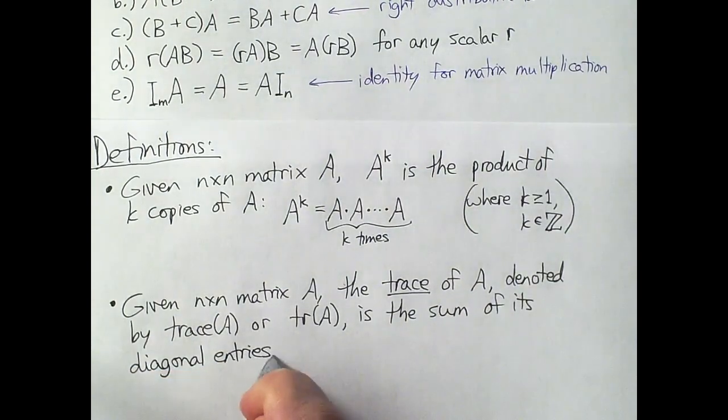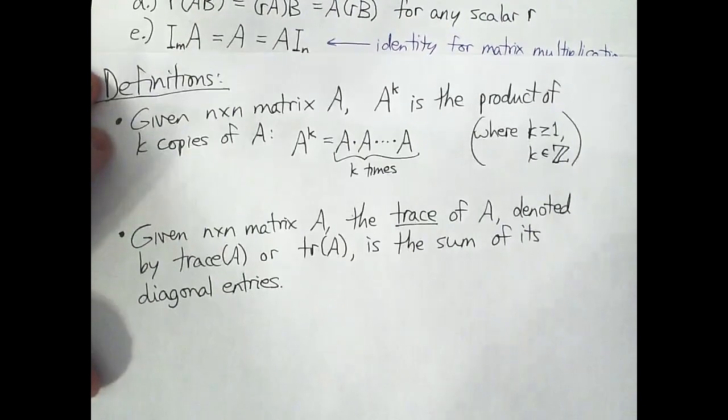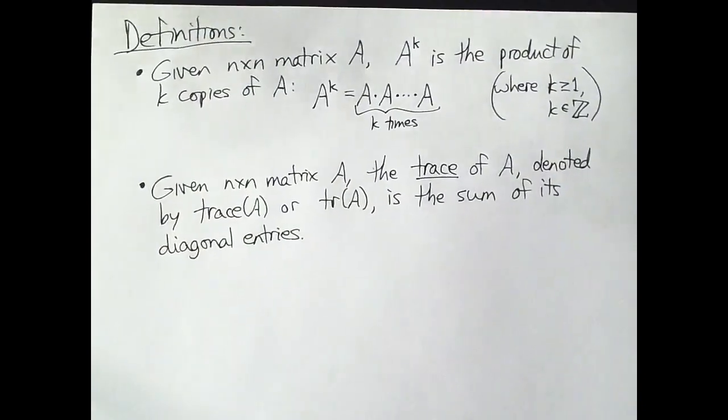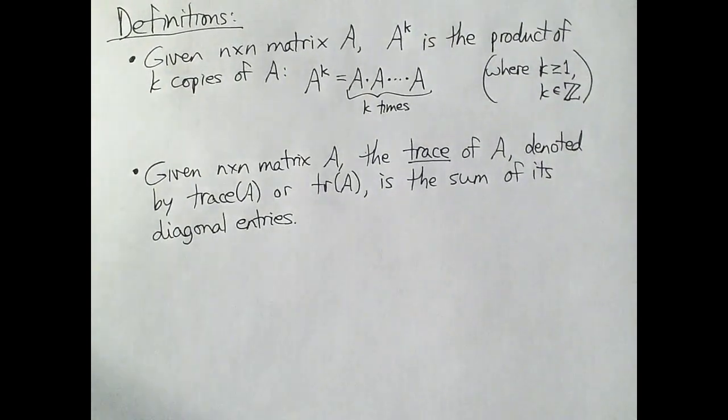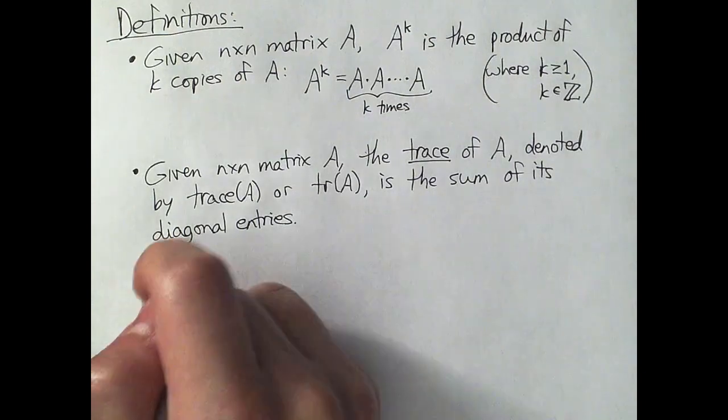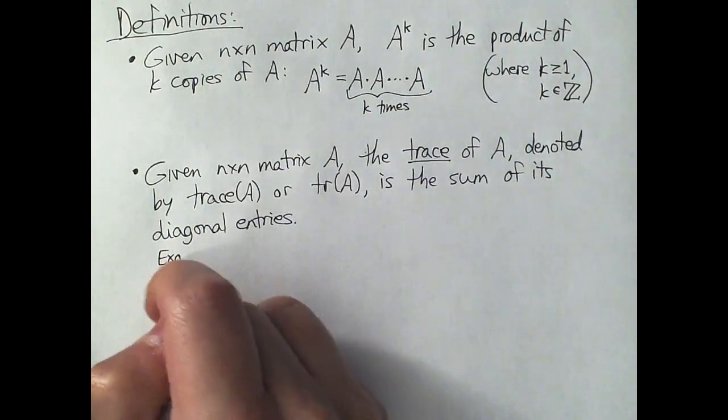I'll tell you that trace is relatively simple, but it actually has some interesting properties and applications. For right now, I'm just going to show you two quick little examples of trace.